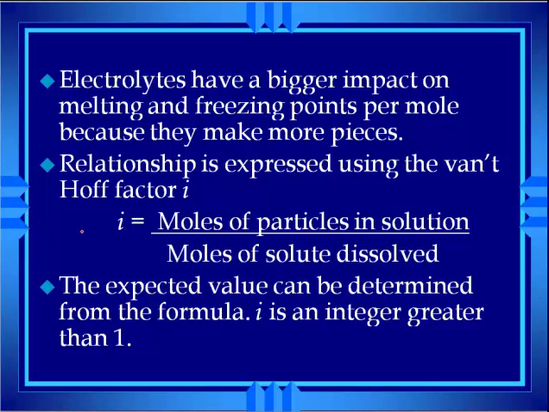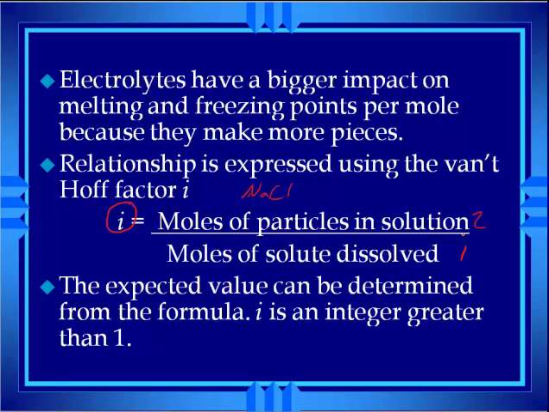And look at this. This is right out of your book, and boy, I'll tell you, it really seems confusing to me: the moles of particles in a solution versus the moles of solute dissolved. Well, let me look at this. Let's say I've got NaCl, right? Now, if I have 1 mole of NaCl, how many particles of Na and Cl would I have dissolved in solution?